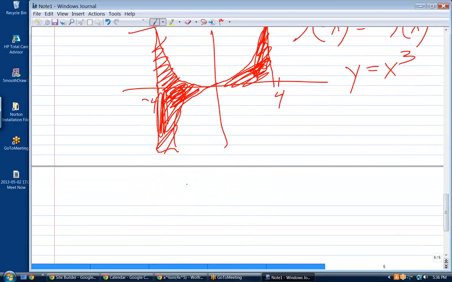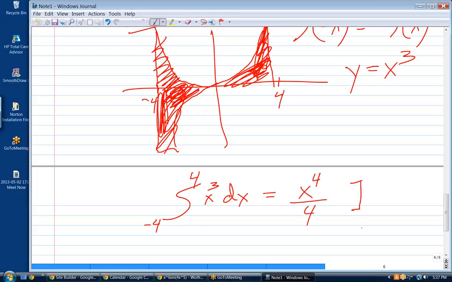So I want to integrate, and we'll do it both ways. Y equal x to the third dx, and if I go from minus 4 to 4, I should get 0. Well, x to the fourth over 4, evaluated from minus 4 to 4.